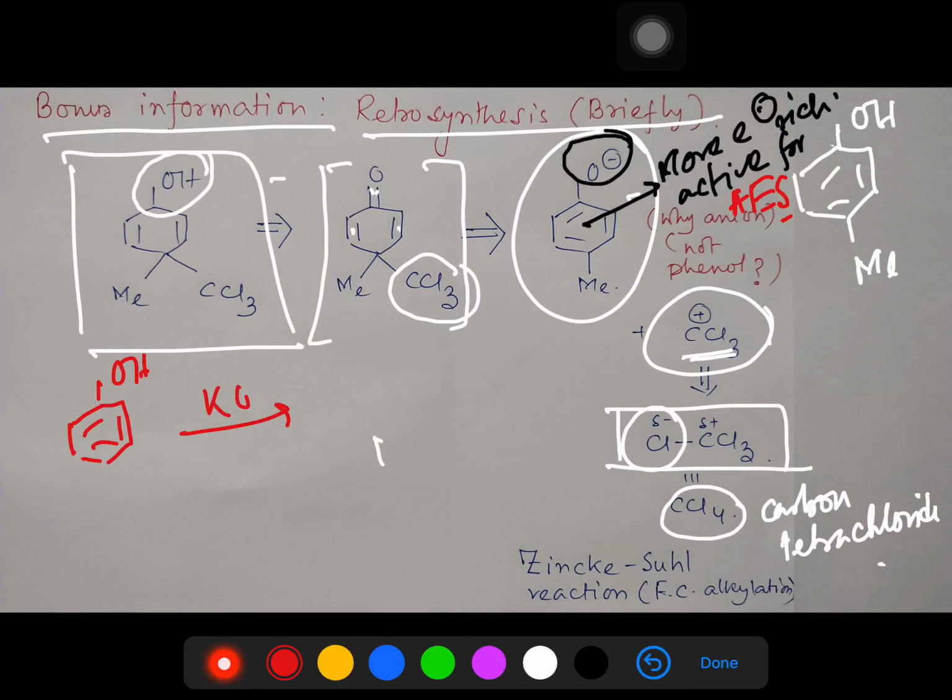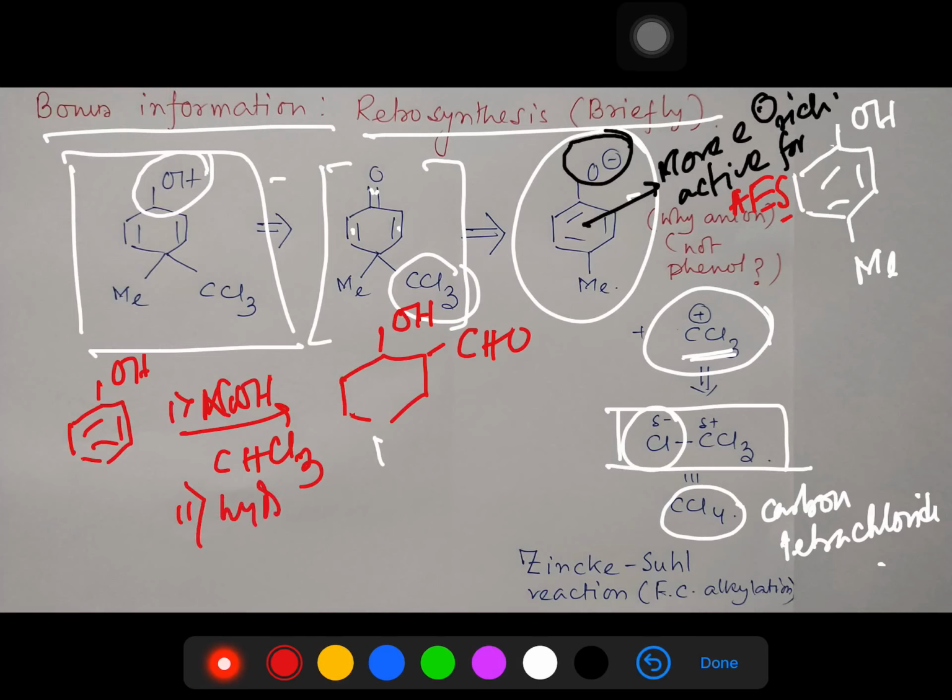That is phenol plus NaOH and chloroform. What does it result in? It results in CHO, means first of all this and second hydrolysis. I have uploaded a lecture about this.